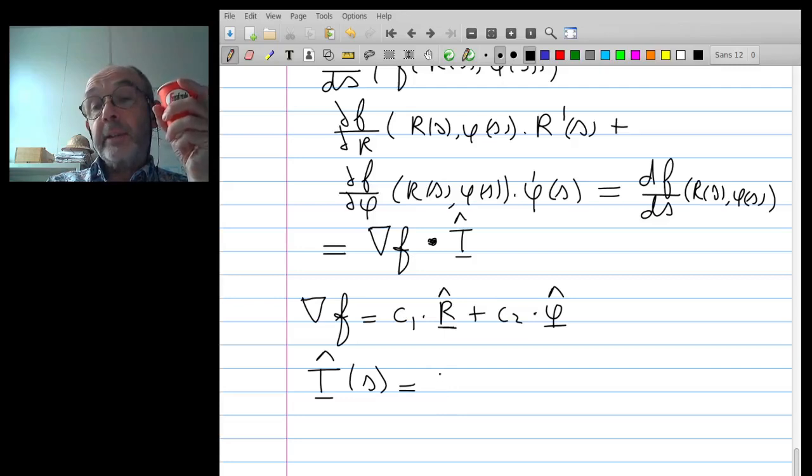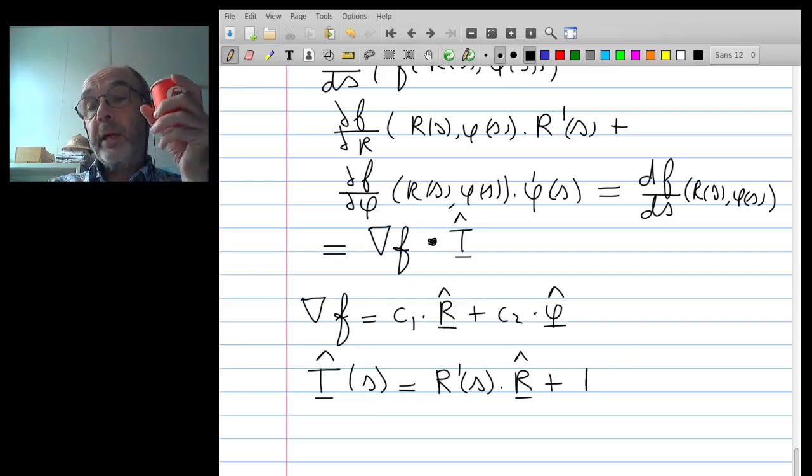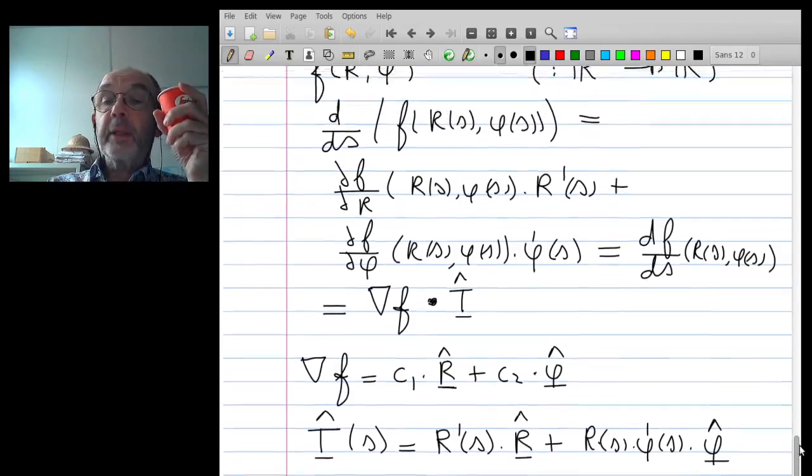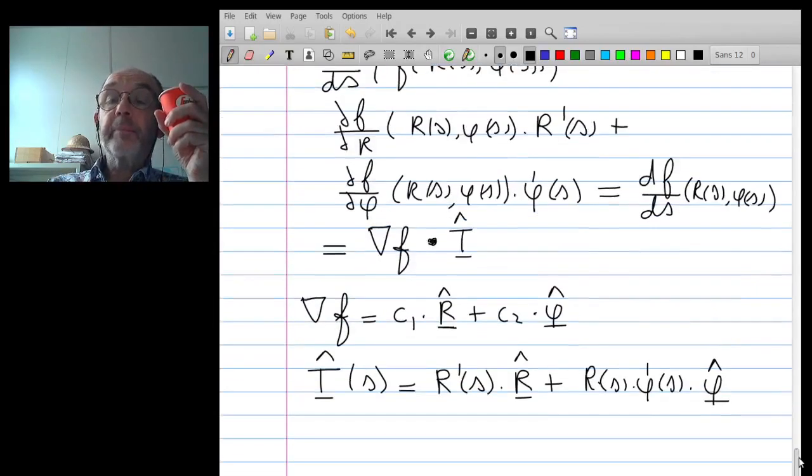You get the derivative of r times the unit vector of r, plus r times the derivative of phi times the unit vector of phi. Be careful, this one here is of importance. Don't forget this one here.